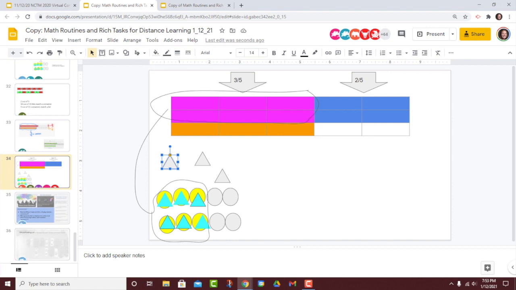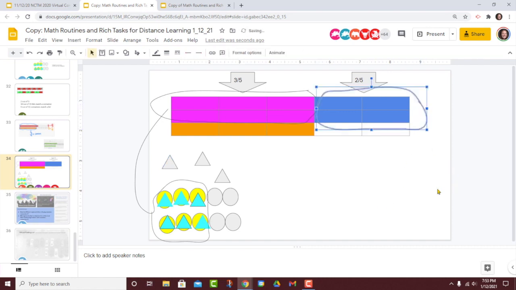Lisa, if it's all right, I'd love to call on you to turn on your microphone and just share with us. You mentioned that the blue, what did you say? Blue containers are without a match. How do you see it in the triangles and circles? I see 4 blue squares that didn't match up with anything, and I have 4 circles down here that represented containers.